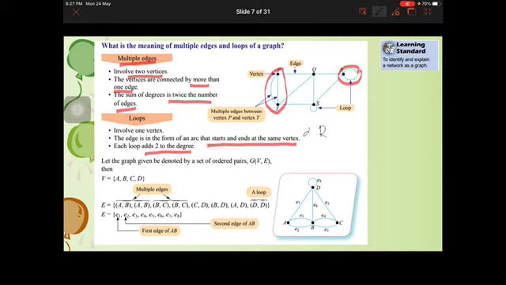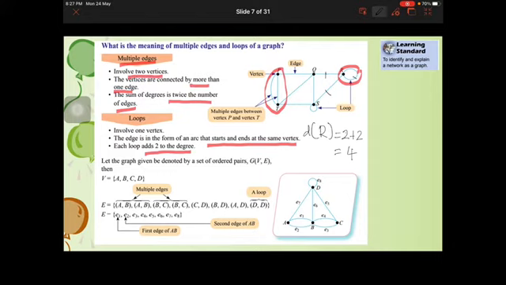The degree for R: we have 1 edge, 2 edges, and plus 1 loop. That means the degree for R is 4, not 3, because 1 loop represents 2, like 2 edges.